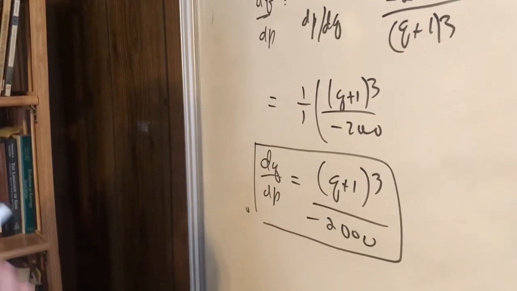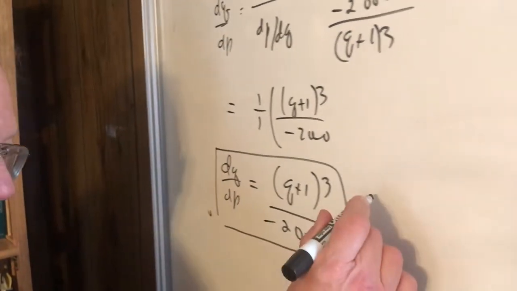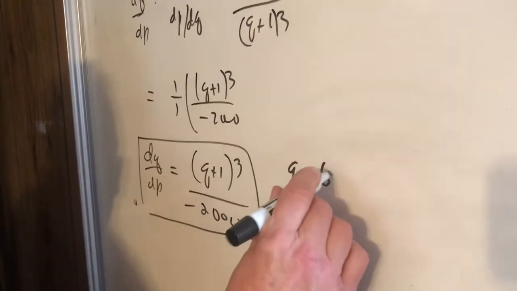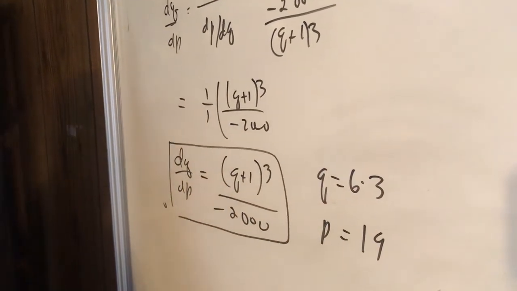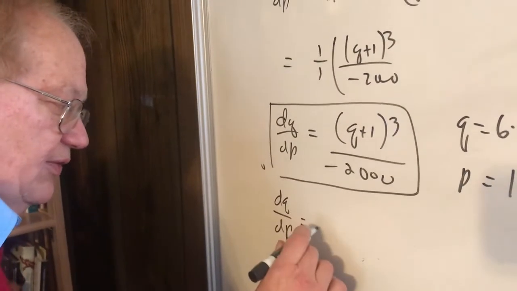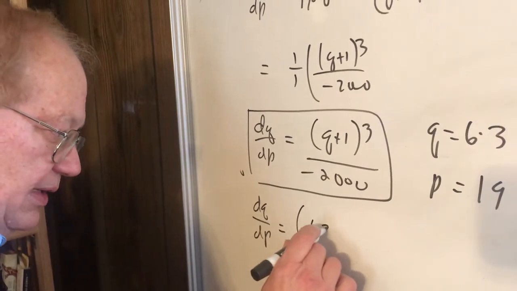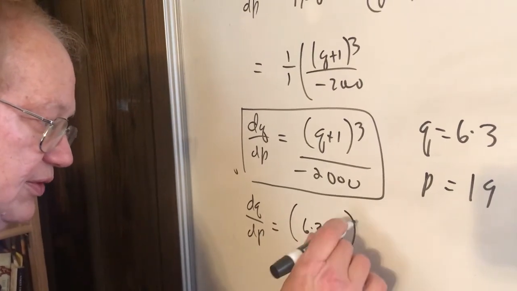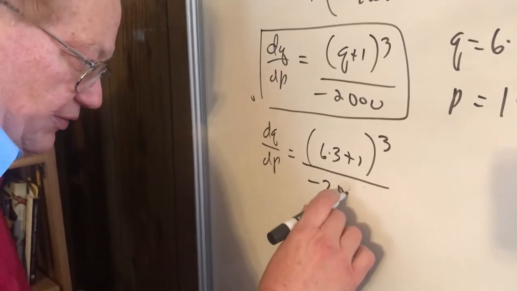So now, I need a value for this, so I have to substitute q equals 6.3 and p equals 19. So dq/dp is going to be 6.3 plus 1 to the cubed over minus 2,000.